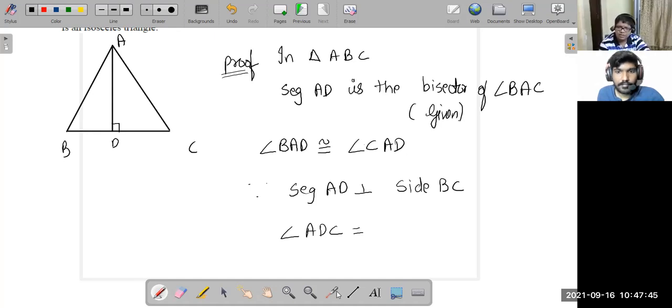What is the measure I'm asking? ADC, what is the measure? 90. Yeah. And angle ADB, how much will this be? 90 degrees. Both of them are equal to each other and both are 90 degrees.